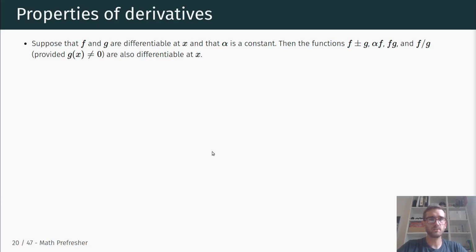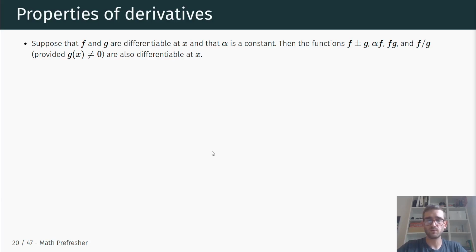So there are a couple of important properties of derivatives. First, for the setup, suppose that f and g are differentiable at x, so two different functions that are differentiable at x, and that alpha is some unknown constant. Then the functions f plus or minus g, or alpha times f, or f times g, so the product of both functions, or f divided by g, are all also differentiable, right?